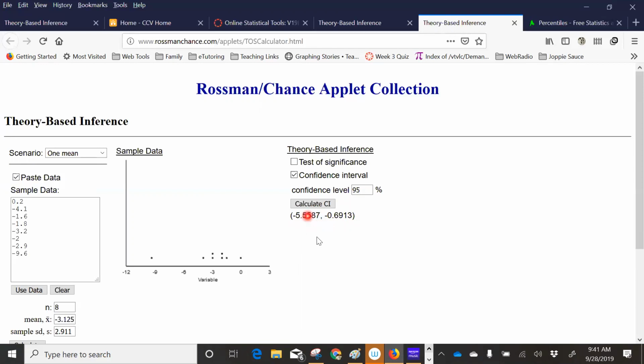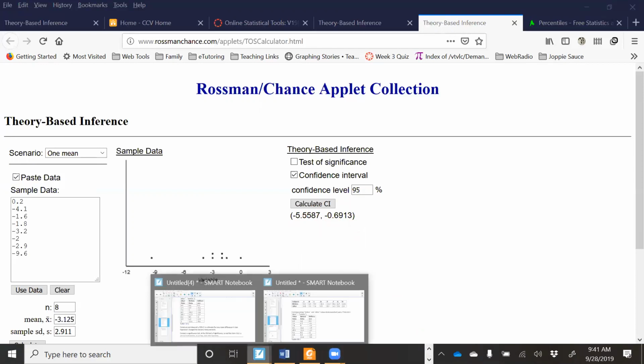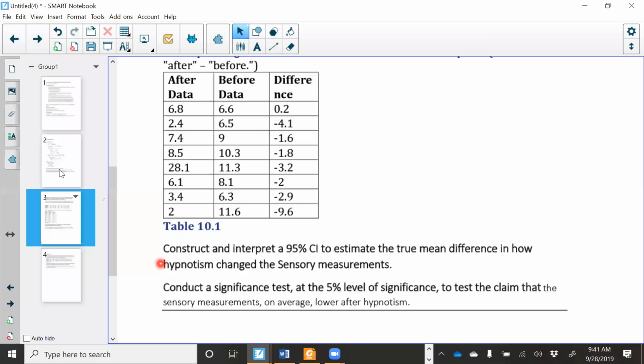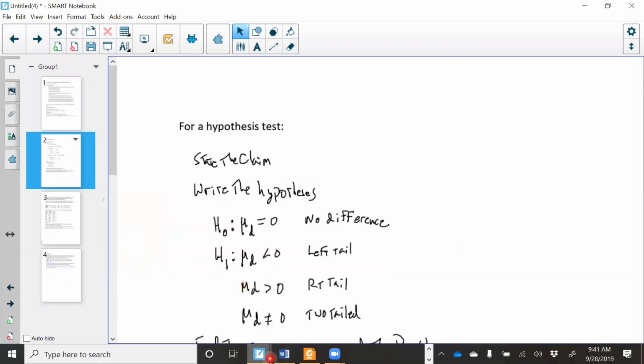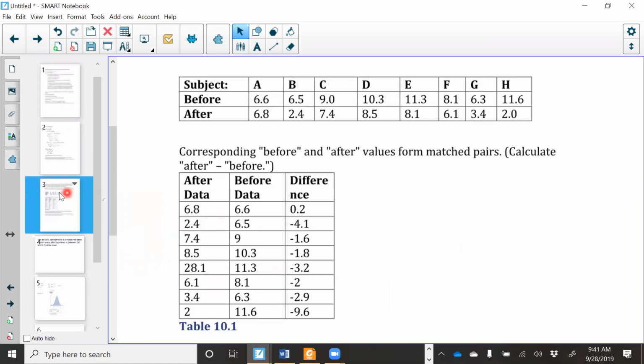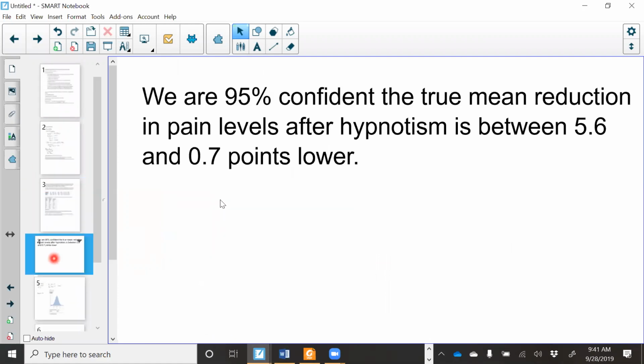But let's interpret what that confidence interval means. And I did that a little bit earlier here. Let's see if I can find what I wrote. Yeah, so I said we're 95% confident the true mean reduction in pain levels after hypnotism is between 5.6 and 0.7 points lower.